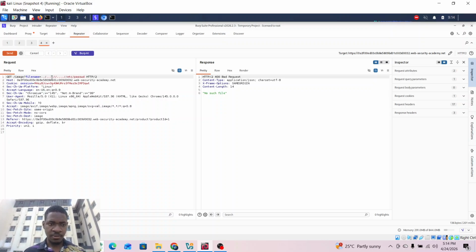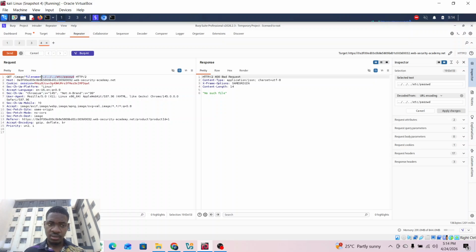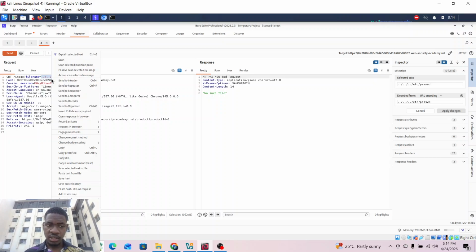So okay, let's try something. How about we try encoding it? But from the information we have, they have already told us that it decodes it before using it, right?